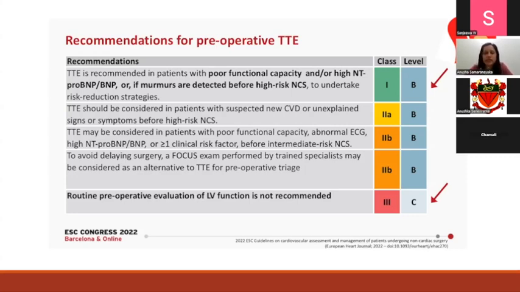And at the same time, if there are high BNP levels, which we do not practice in our setup very often, and if there is a significant murmur detected during the clinical examination, and if a patient has suspected new cardiovascular disease or unexplained signs and symptoms, again, we can refer the patient to the cardiologist for an echo.